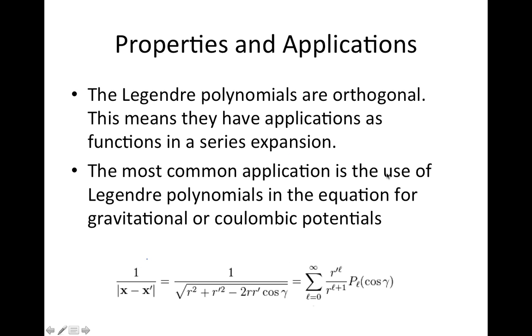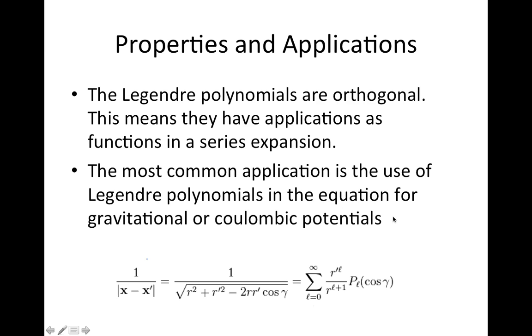They're orthogonal functions, and we'll discuss orthogonal functions a little more later in the semester when we talk about linear algebra. But it basically means that they don't overlap in any way. And that also means that you can use them as functions in a series expansion.